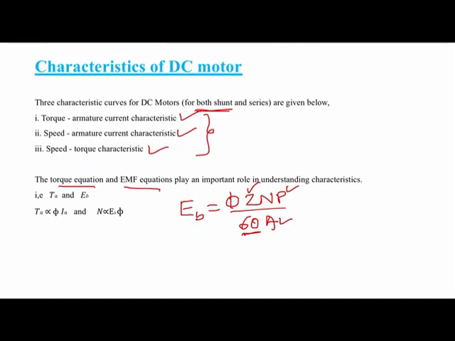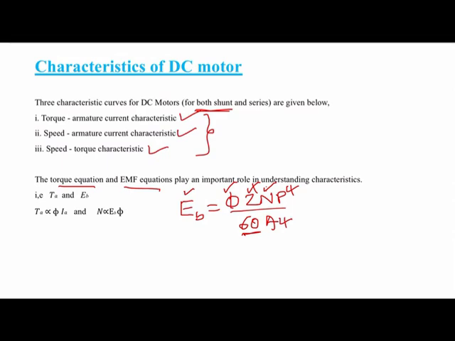But depending on the current and the load connected, the flux value and the speed vary. So these are the variable quantities, and these are the fixed quantities. When speed varies, flux varies, and the back EMF also varies.